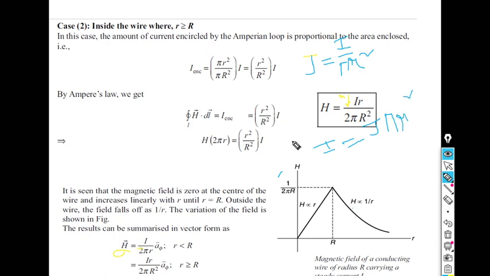Now if I put it here, then what will I get? I enclosed is equal to, I can write, J pi r square.